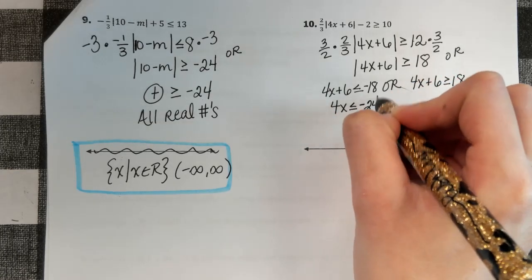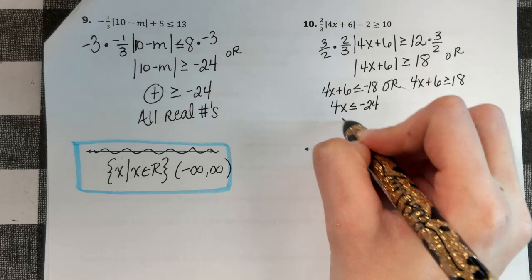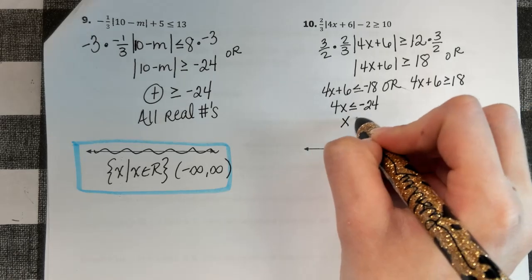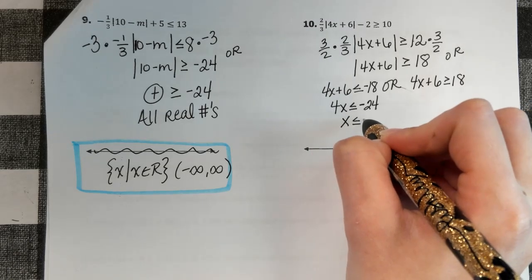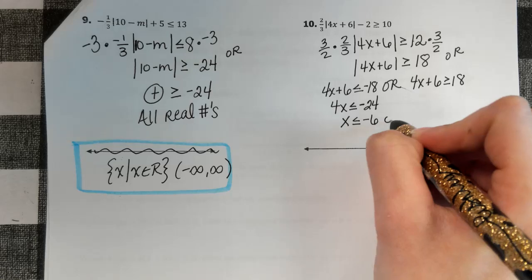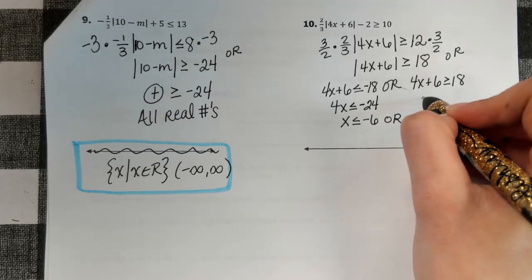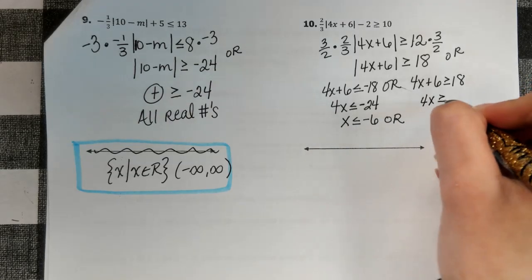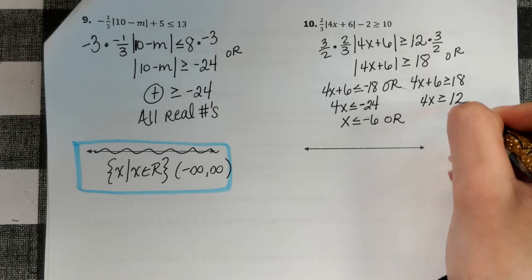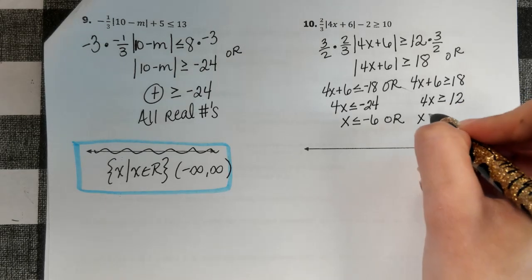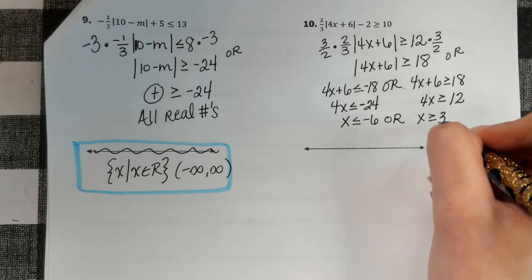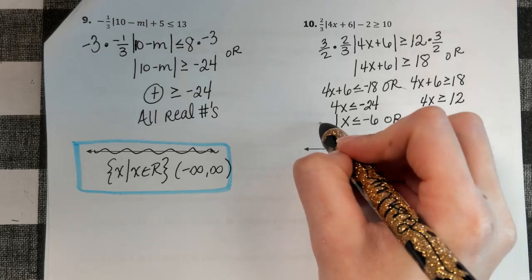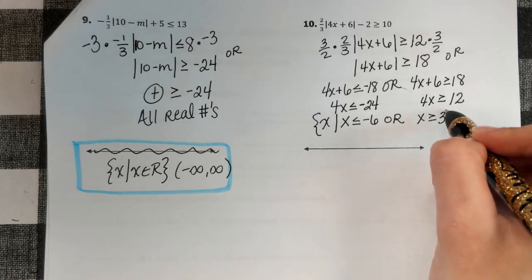Y'all are too loud. I'm trying to go over it. Yeah, did it right. And you get negative... Or I subtract and you get 12. Divide by 4. And then you get x is greater than or equal to 3. Okay. Tack on your set builder.